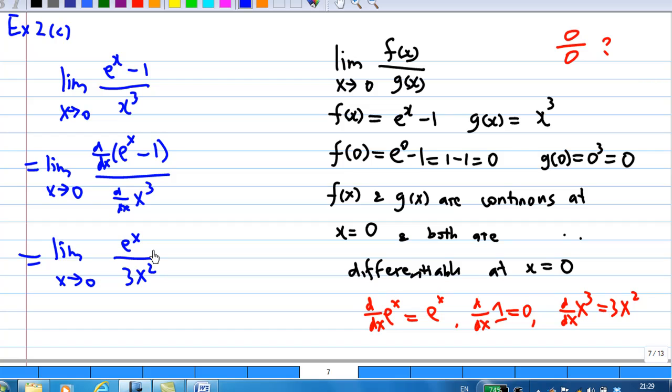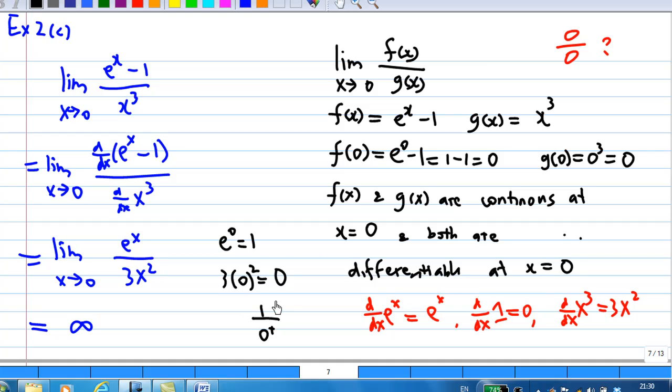Now as x approaches 0, we know that e to the power 0 is 1, and since the numerator is positive and the denominator will be very near 0 and positive, this is equal to infinity because you have the situation of 1 over 0 plus, as we know that x squared is always positive, and when x goes to 0, 3x squared goes to 0 as well, but positive.